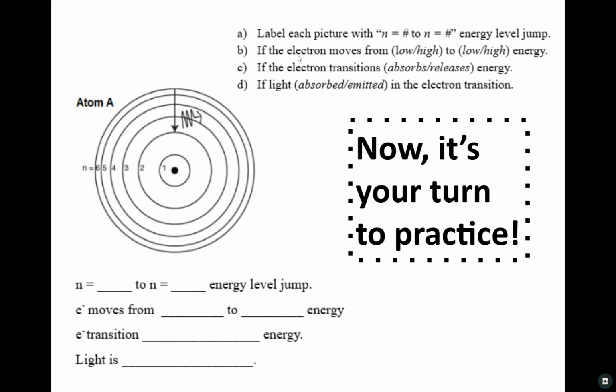Letter B, we are explaining if the electron moves from low to high or high to low energy. Letter C, if the electron transition absorbs or releases energy. And then letter D, if light is absorbed or emitted in the electron transition. That's what you're filling in for A, B, C, and D, these 4 statements underneath each of those atoms.